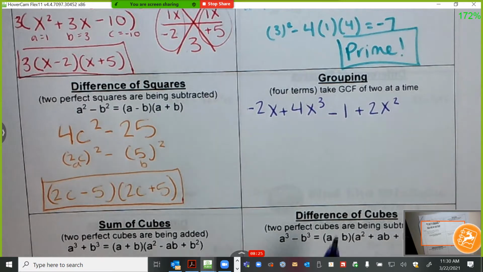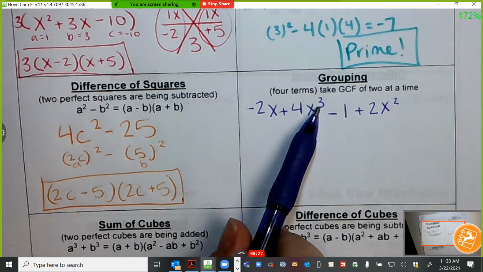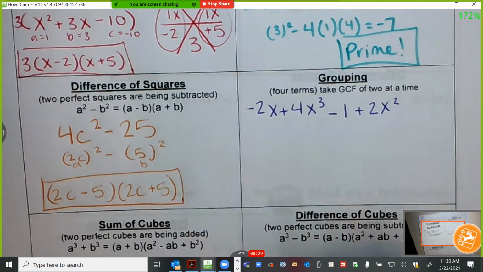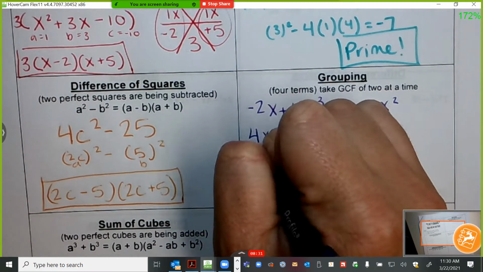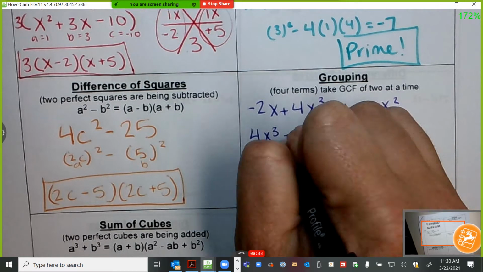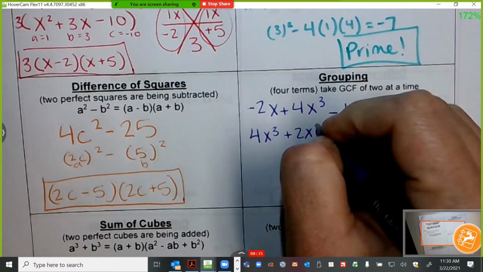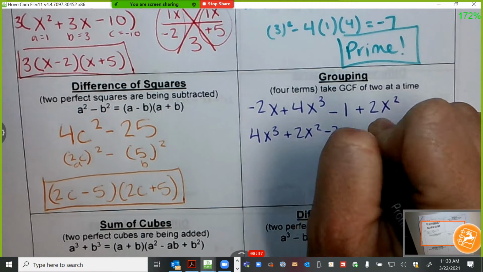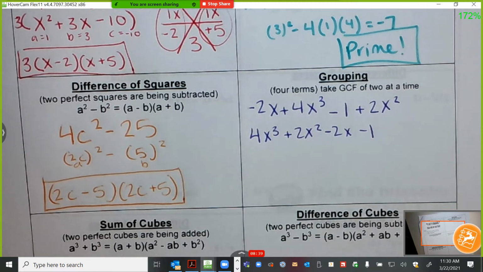Remember, your highest exponent goes first. This is the 3rd power, and there's nothing bigger than that, so that goes first. Then this is the 2nd power, the 1st power, and the 0 power. Now it's in order. Does it have a GCF? No, all 4 terms do not have a GCF together.